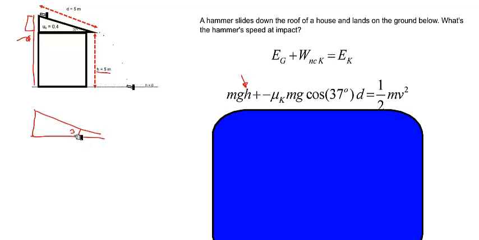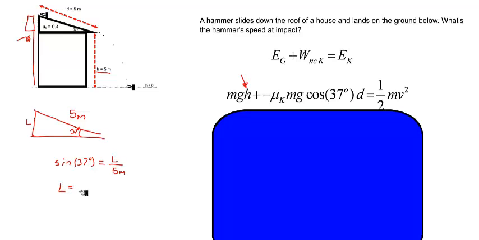If this is 37 degrees and this distance here is 5 meters, then the sine of 37 degrees must equal that opposite side. I don't know what I'll call it, L. So L over 5 meters.